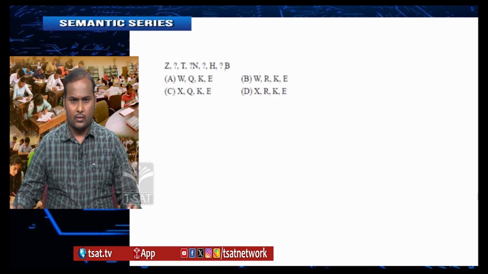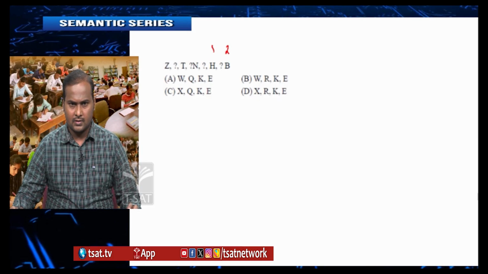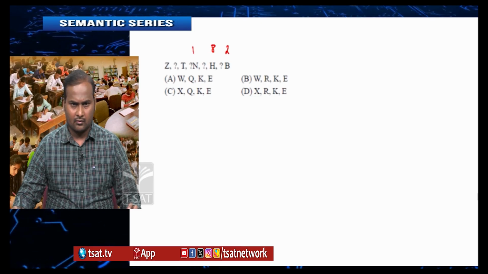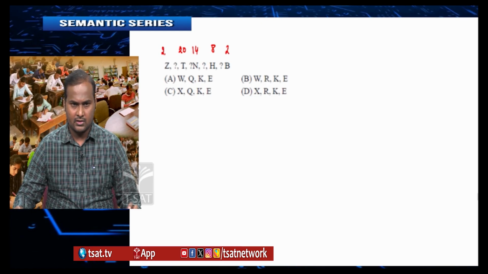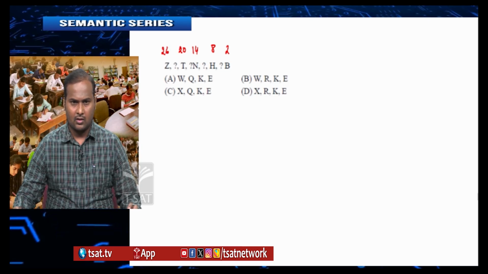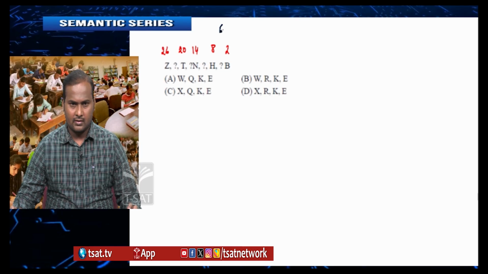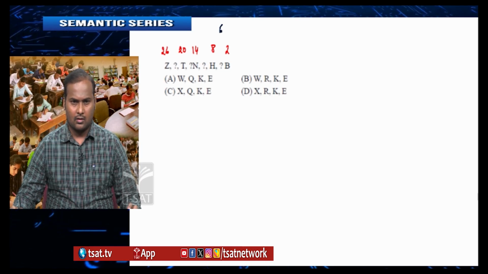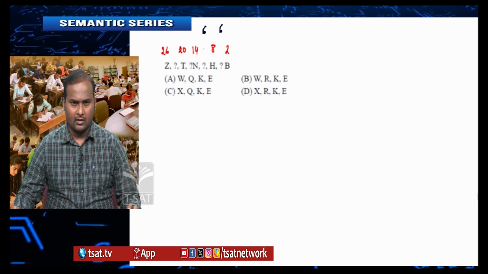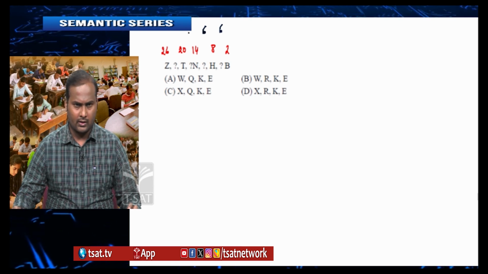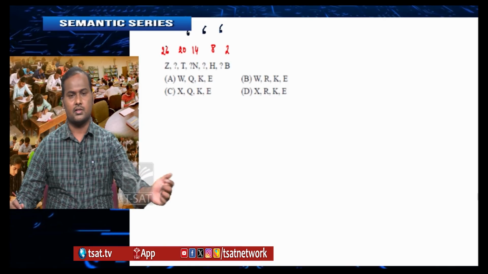Now see here, you know B is 2, H 8, N 14, T 20, Z is 26. Now you see this 2 to 8 increasing by 6. Now 8 to 14 here also increasing by 6. Again 14 to 20 here also increasing by 6, and 20 to 26 also increasing by 6.